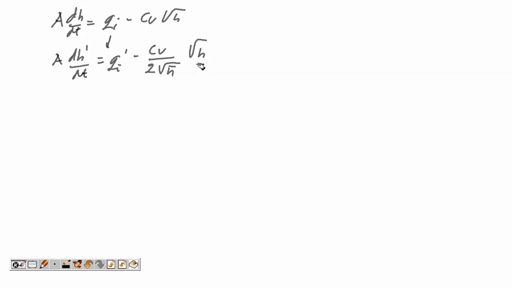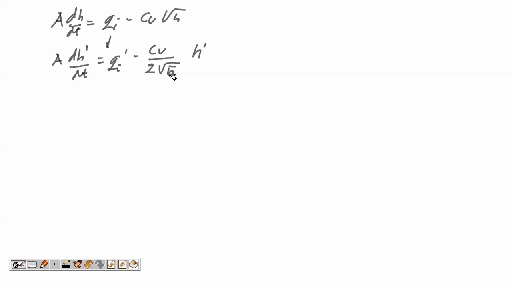Sorry, so after linearization, now we get h prime, meaning that now we have a linear equation because the degree here is 1.